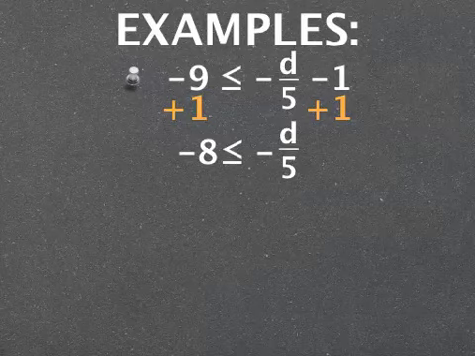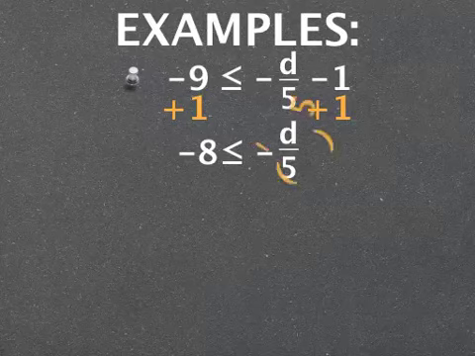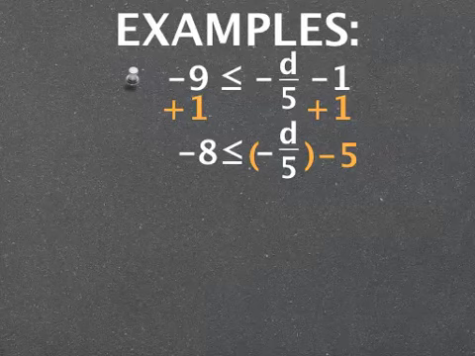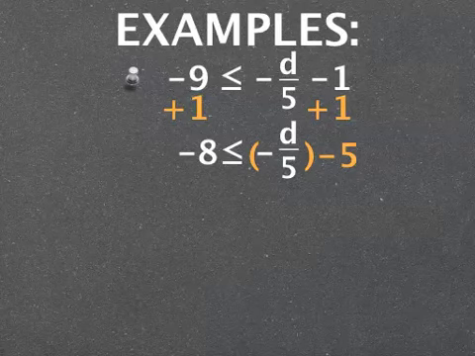Now, when you have the negative d divided by 5, we need our variable to be positive. I know I need to multiply by 5, but I'm going to go ahead and multiply by a negative 5, because remember, a negative times a negative is a positive. So when I multiply by negative 5, the negative and the 5's are going to cancel out, so you'll just be left with d. If you're multiplying by negative 5 on one side, you have to multiply by negative 5 on the other.